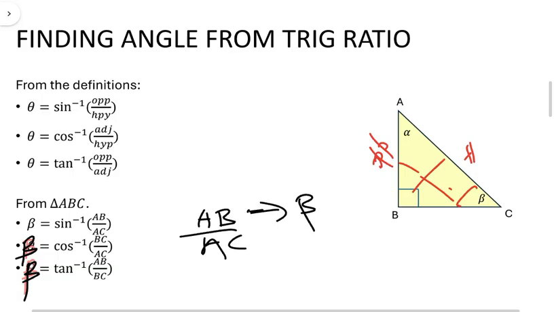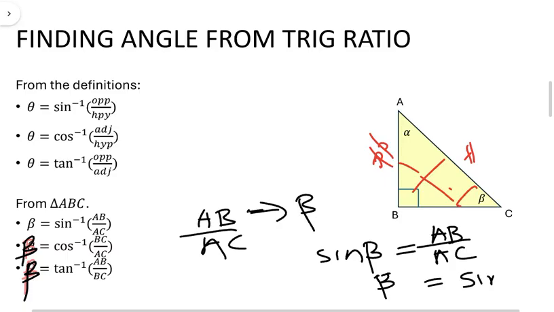I can clearly see that if I take sine of beta, I will get AB over AC. But I'm not looking for sine beta, I'm looking for beta. So if I'm looking for beta, then I must substitute the ratio so that I am able to get the angle beta. Okay, so let's move.